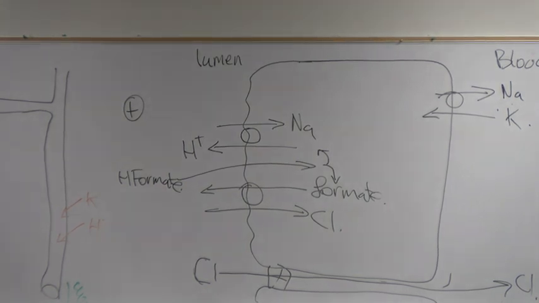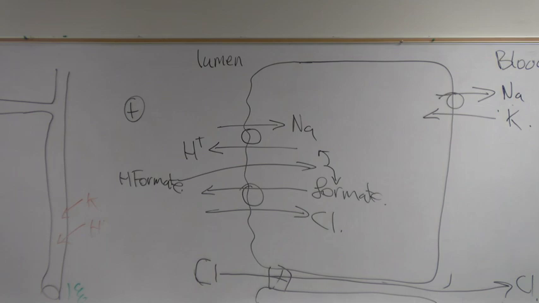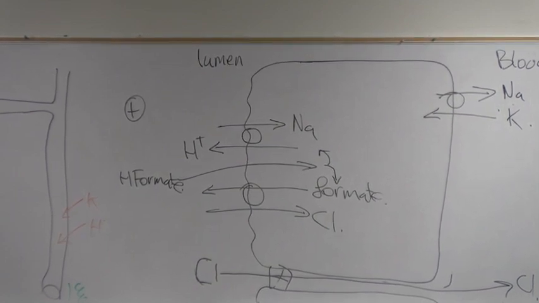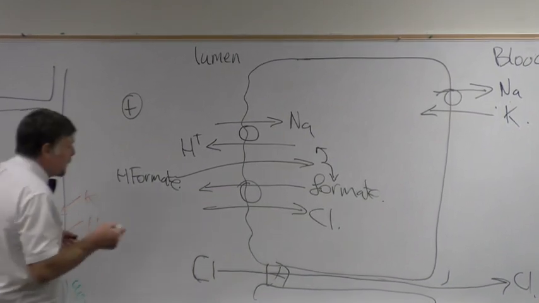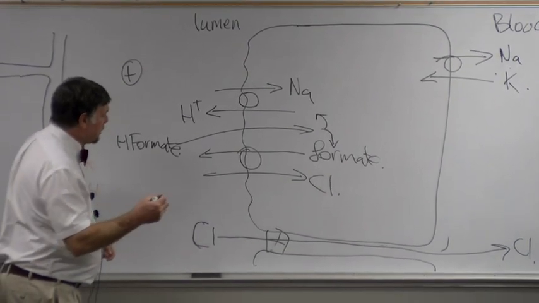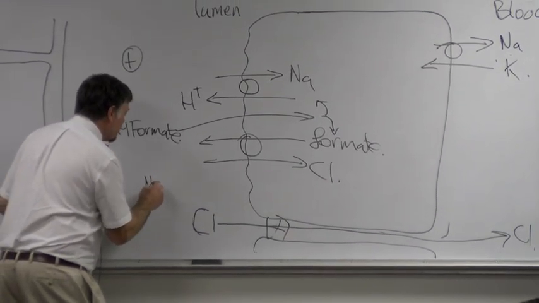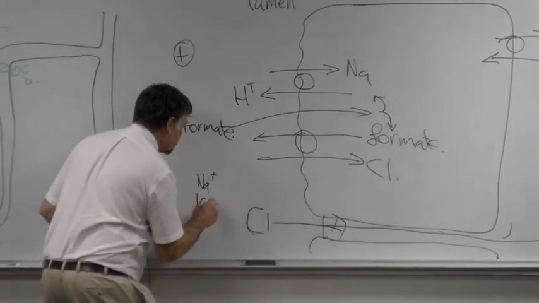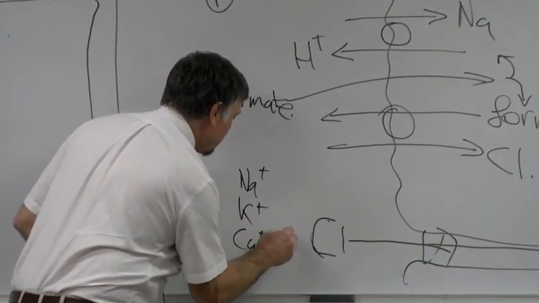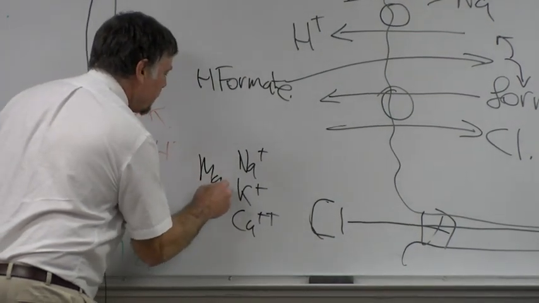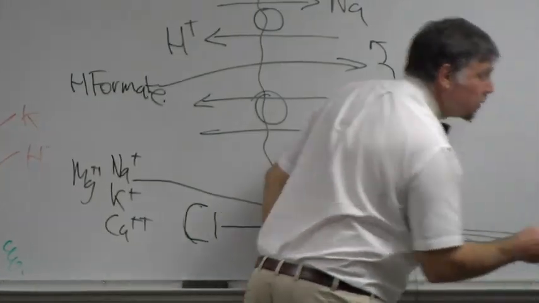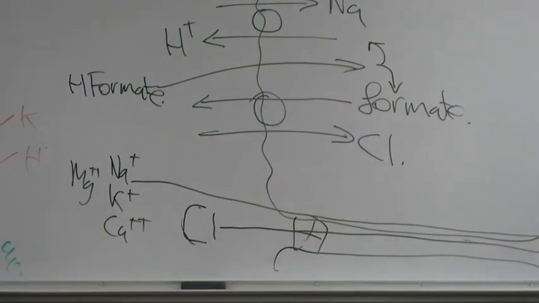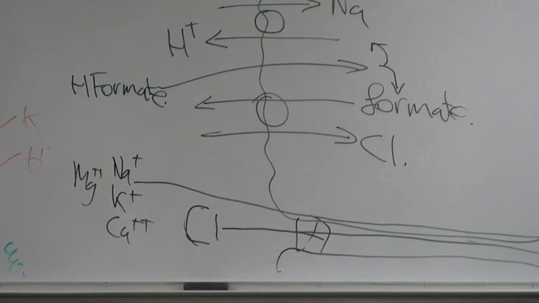And so I think you all know by now you can't just move a negative ion from one place to another. It tends to drag with it positive ions. And so another claudin, claudin 2, will actually move a whole bunch of other ions through to follow the chloride. Okay? And again, that'll be a passive process.